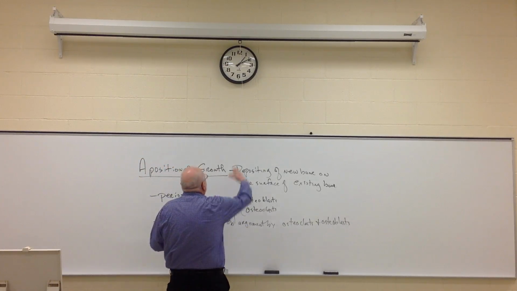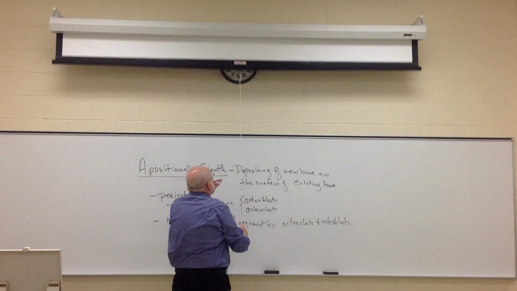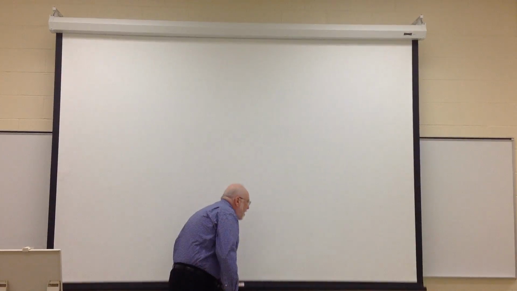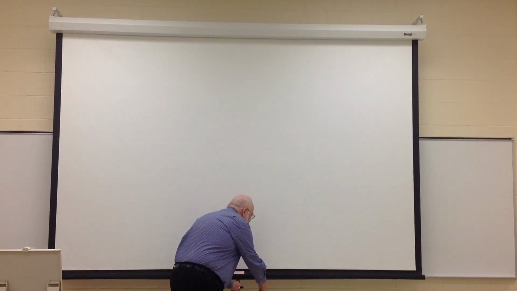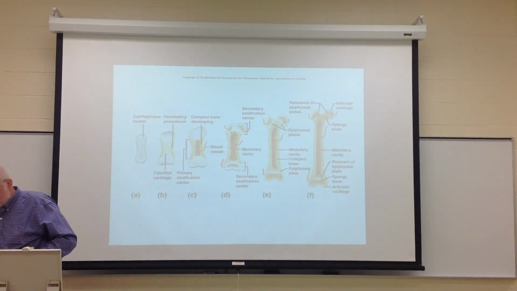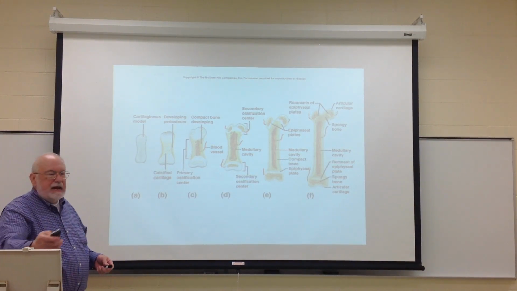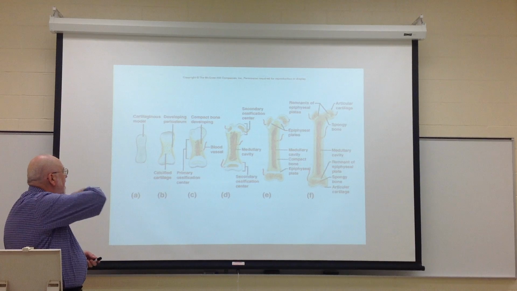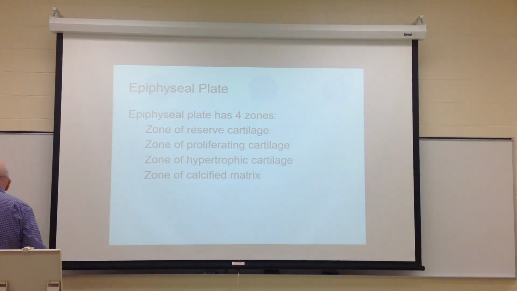Now, what about that epiphyseal growth? Well, epiphyseal growth, of course, very much depends on the epiphyseal plate of cartilage. And for that, we need to consider the epiphyseal plate.